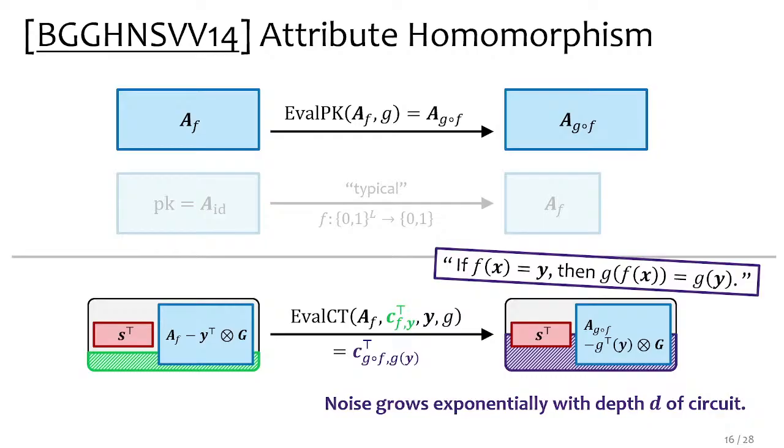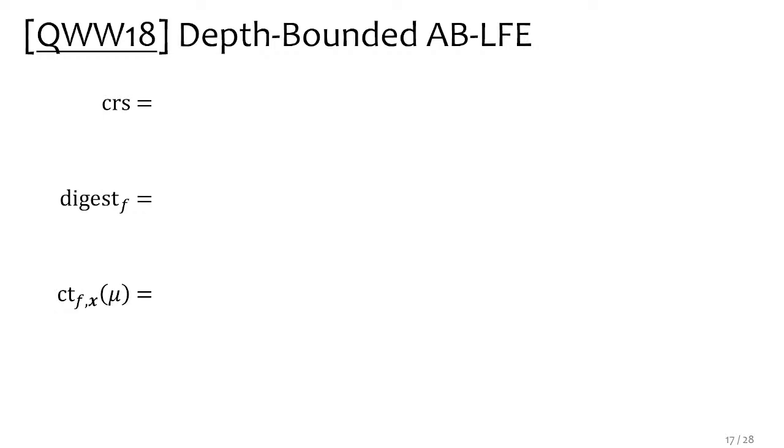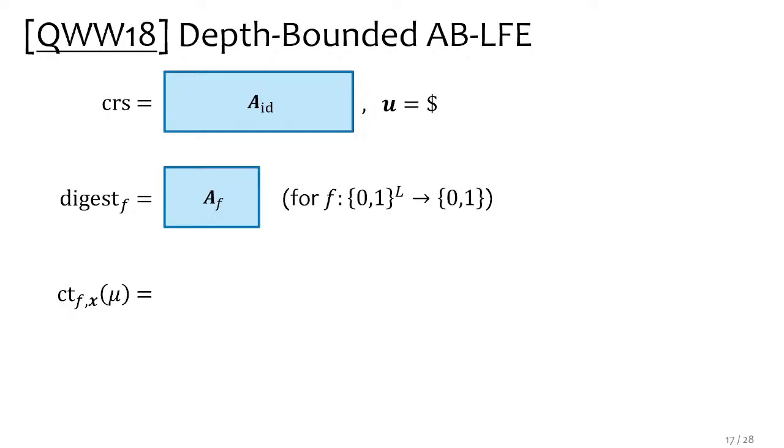Okay, so with this encoding, I can describe the previous construction of depth-bounded ABLFE. In this ABLFE, the CRS is just a matrix for the identity function, plus another random vector u that we will use to produce one-time pads. The digest of a function is the matrix corresponding to that function. And since the policy function is just one bit, you get a fixed size, except it depends on the depth.